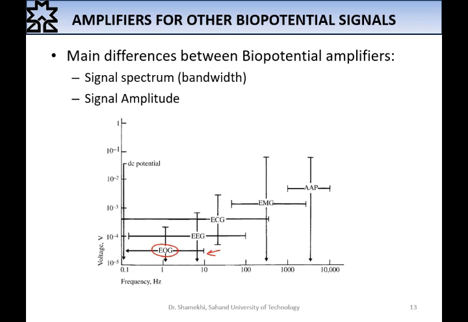The voltage amplitude is low, also lower than EEG, ECG, EMG, and other types of signals.